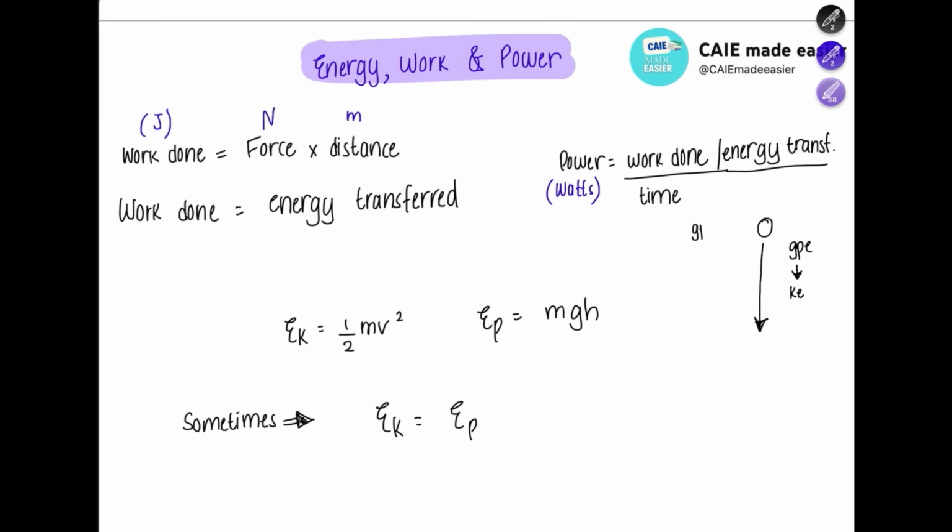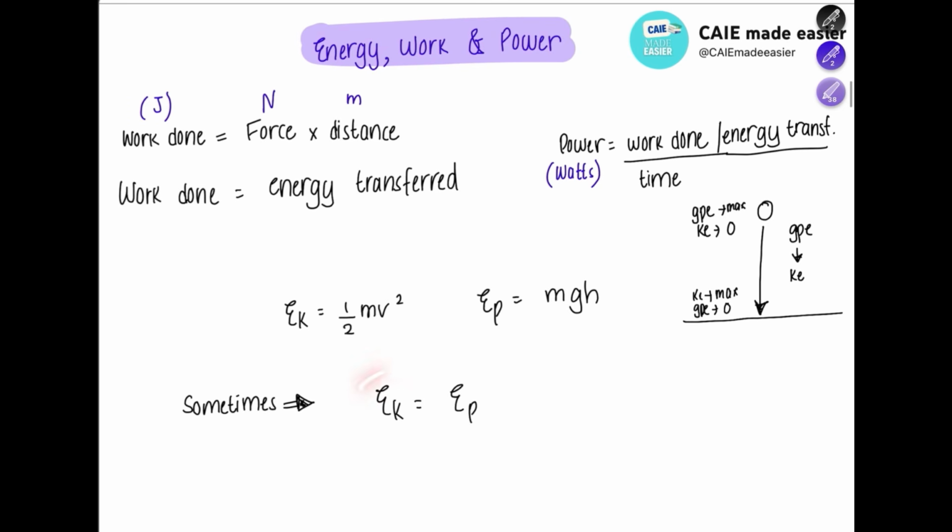Initially, GPE is max and kinetic energy before falling is 0. And then right before hitting the ground, kinetic energy is max and gravitational potential energy becomes 0. So this is also the principle of conservation of energy, because no energy is lost, it's only converted from one form to another. So we can say they're both equal in value.